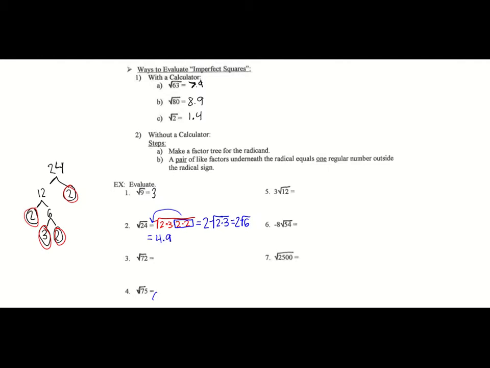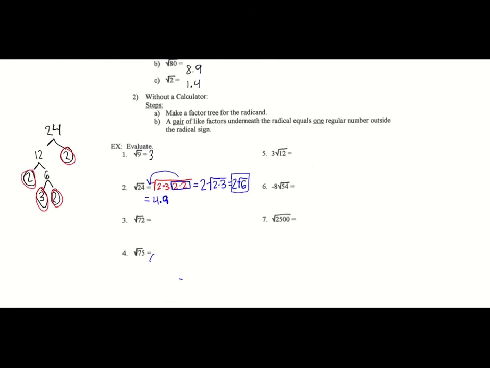But sometimes we don't want our answers in decimal form because our decimal is rounded. This is not the exact amount under that square root, so a lot of times this form will become more useful. So that's what we're going to practice on these next few.